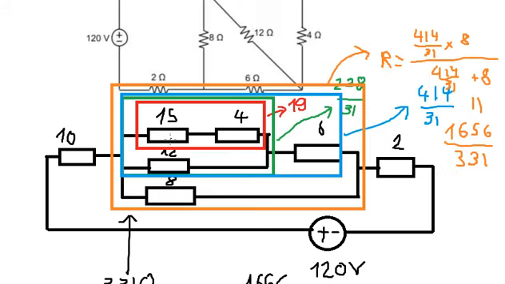So we can find the voltage of the green one, and that is the voltage of number 12 in here.